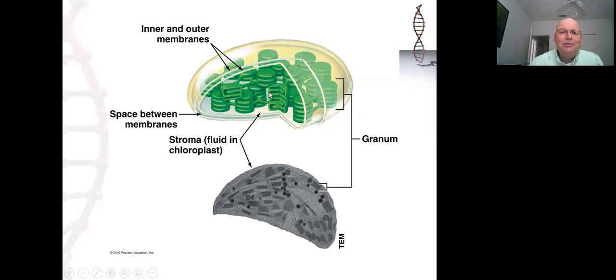That energy is then used by enzymes in the stroma to convert water and carbon dioxide into organic molecules. So you start to see how the structure of the chloroplast reflects its function as a light capturing organelle that uses the light energy to store chemical energy in the form of organic molecules. A lot more to come in an upcoming chapter.